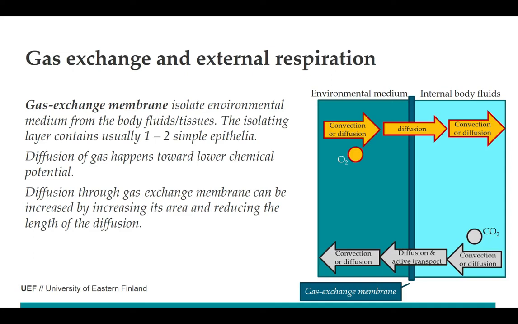Or if you have a thinner membrane, so if you don't have 2 epithelial cells any more, you have only 1, then there's a smaller distance that must be traveled by diffusion, and that makes it much faster. And when we are discussing external respiration in the following videos, we're covering only the left-hand side.